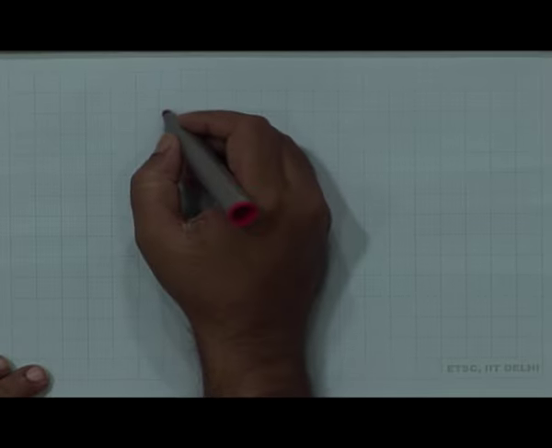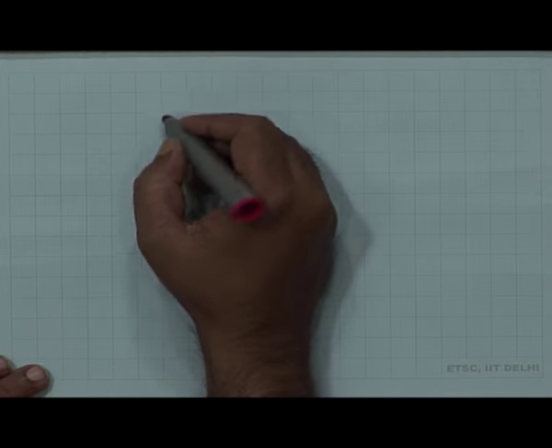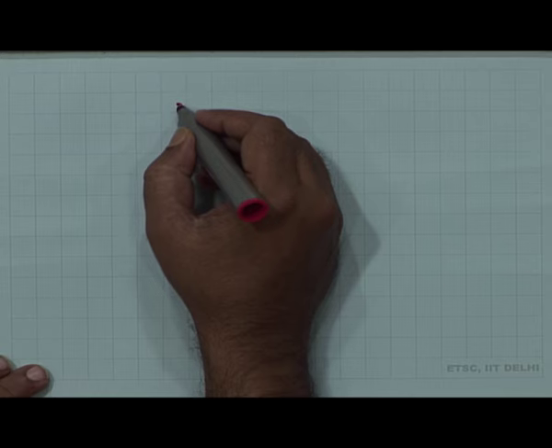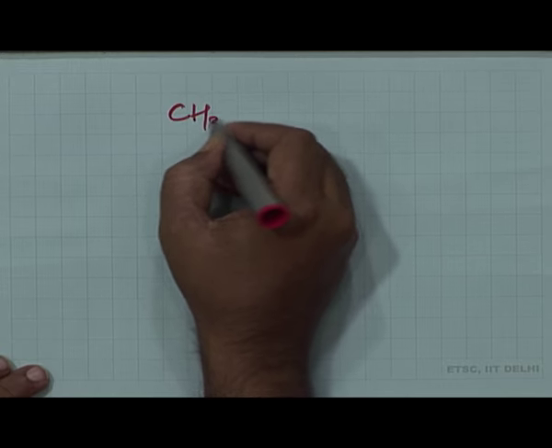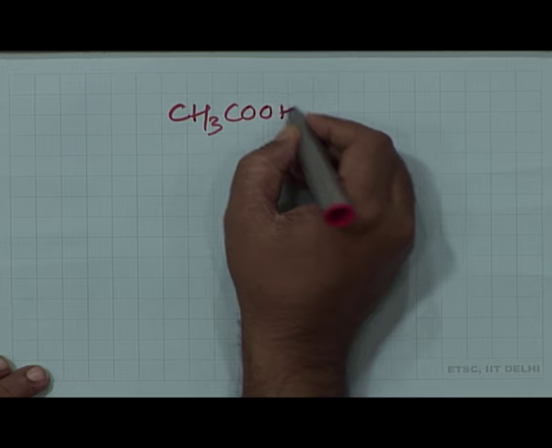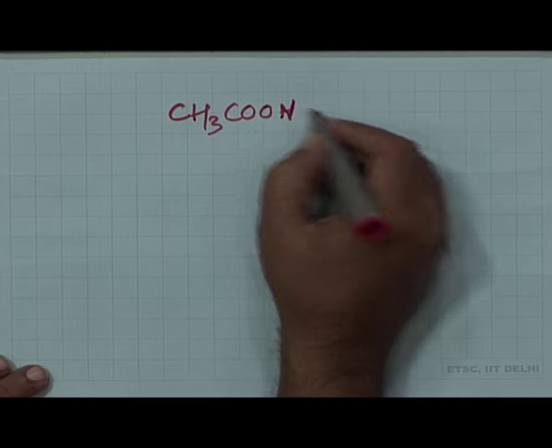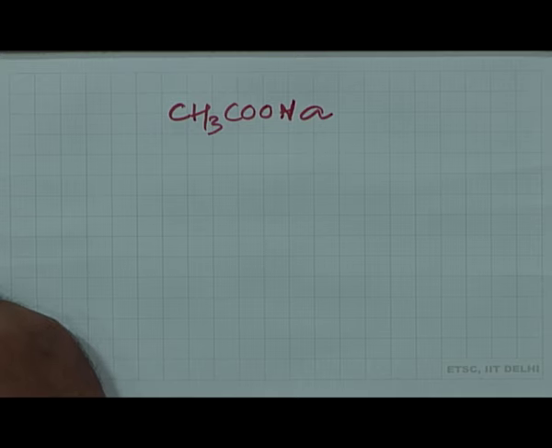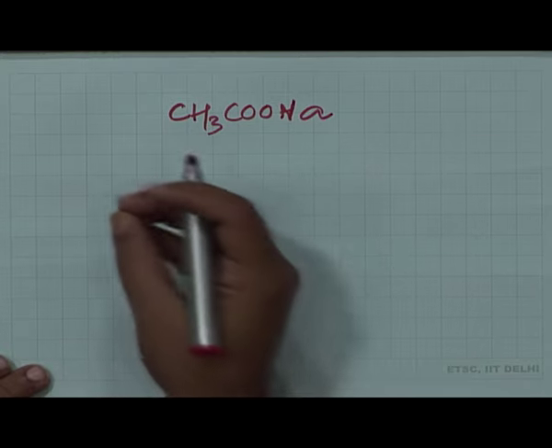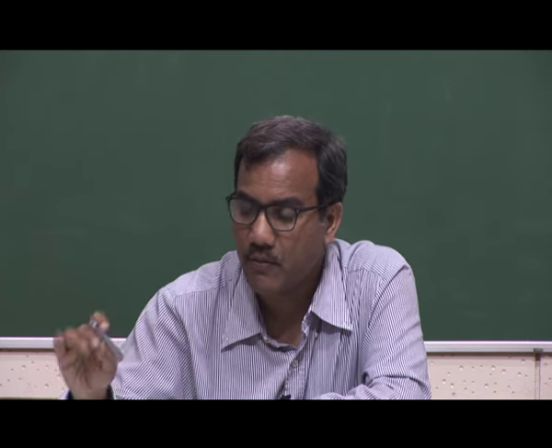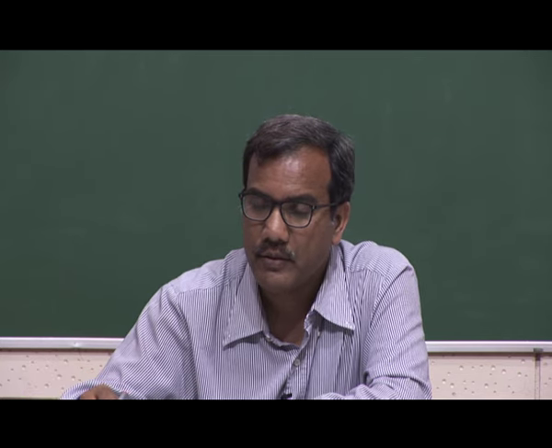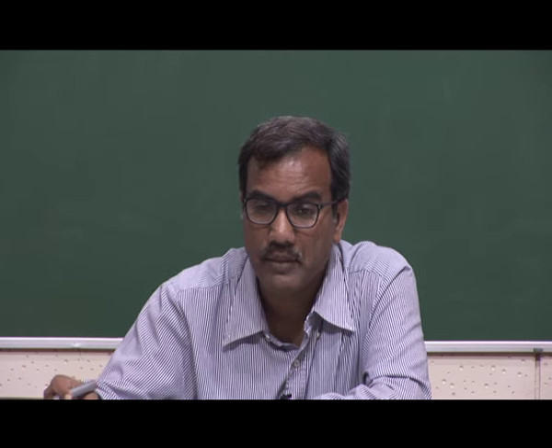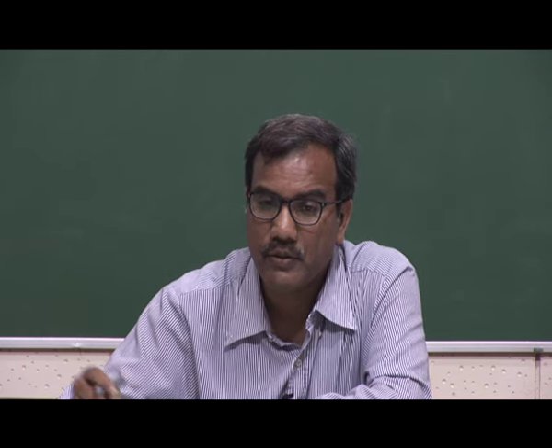Now, think about a salt such as sodium acetate. What will happen in this case? Sodium acetate. So, we took sodium acetate and just put it into the water solution. Now, the question is whether this is a basic solution, acidic solution or neutral solution.